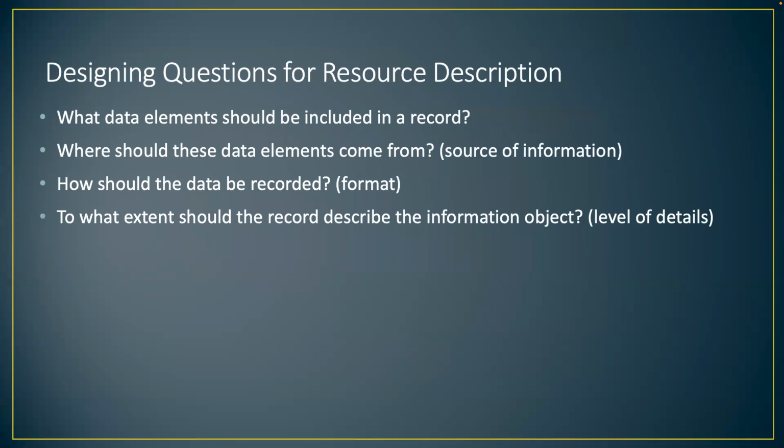So after talking about these two categories, I think there are some higher level designing questions when we talk about information description. We have actually seen quite a lot of this in the Dublin Core standard, that what data elements should be included in a record, and what data elements are used to offer a comprehensive description of information objects.